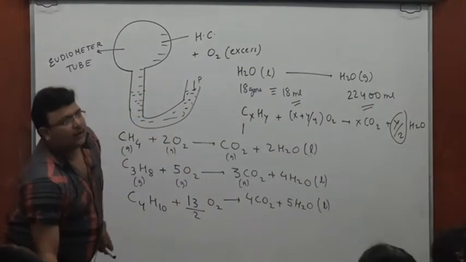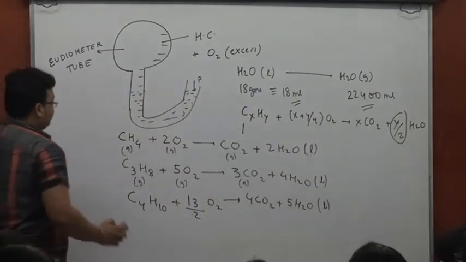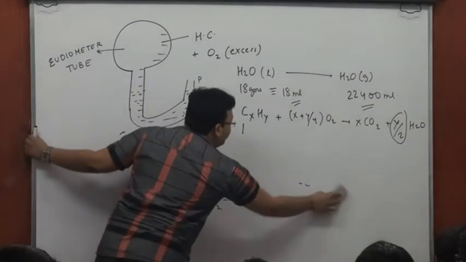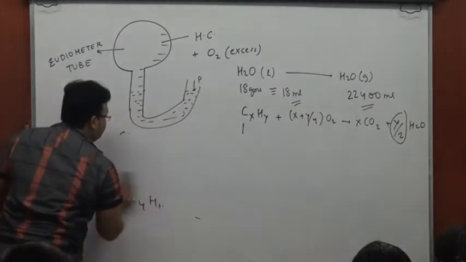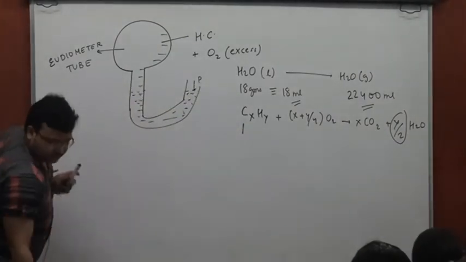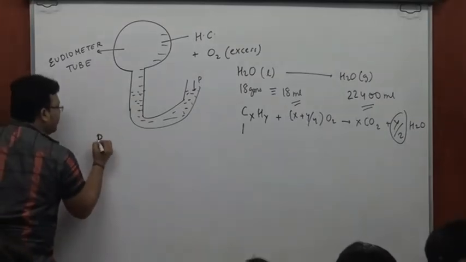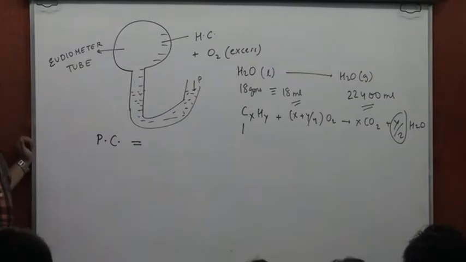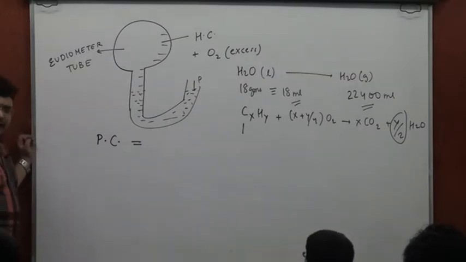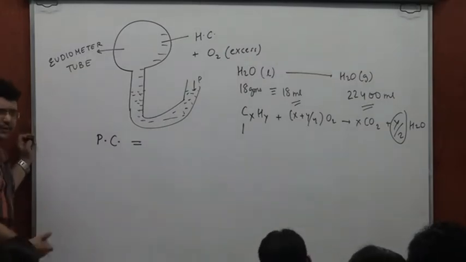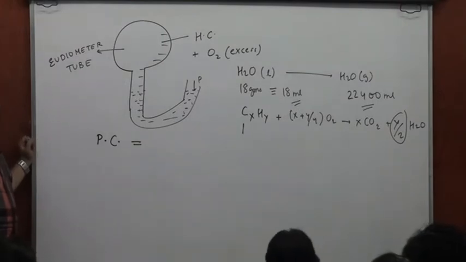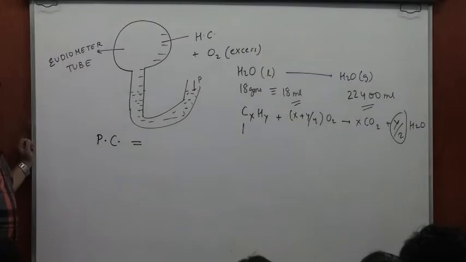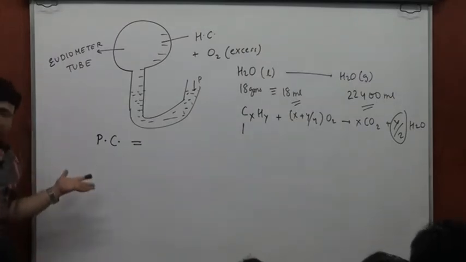Now this is called primary contraction. So take down, initially you have a primary contraction, which is due to the stoichiometry of the reaction.